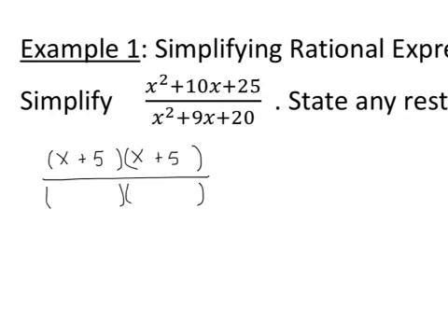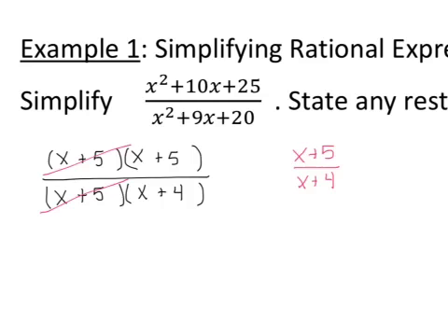They have to multiply to get 20, add to get 9: plus 5 and plus 4. They're factored. Now what can we cancel? The x plus 5's, so we're left with x plus 5 over x plus 4.